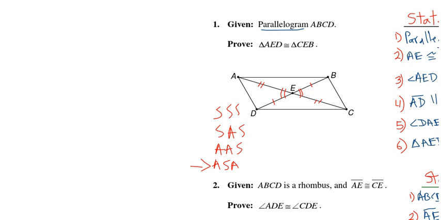So let's see how we will do this proof using angle, side, angle. Well, we know already that the vertical angles are congruent, so we have one pair of angles, which is, say, this one. And then we know that the diagonals bisect each other.